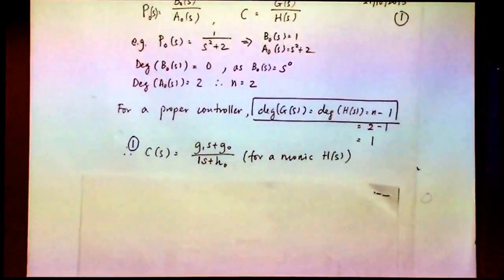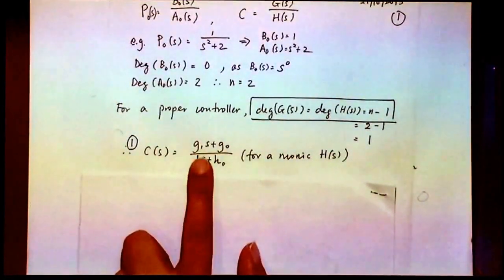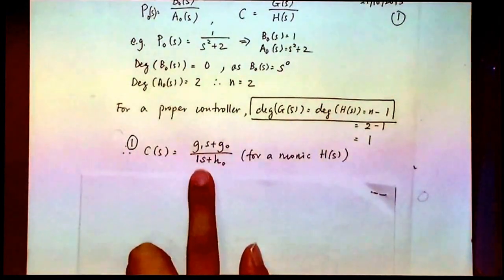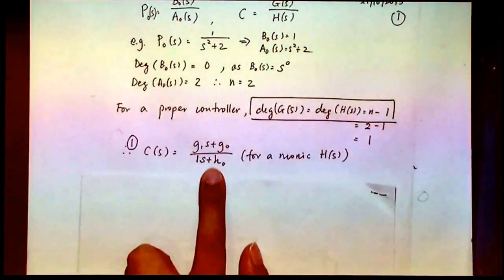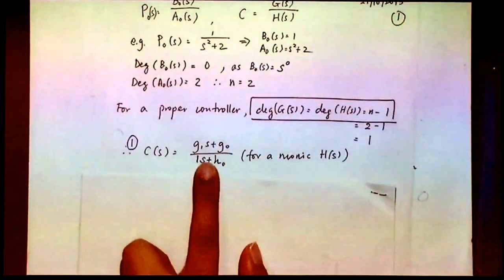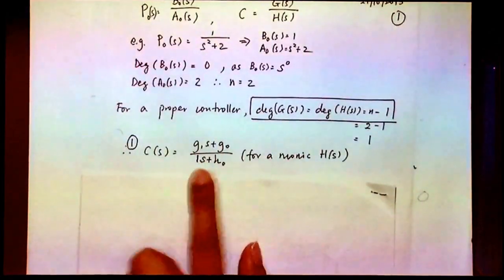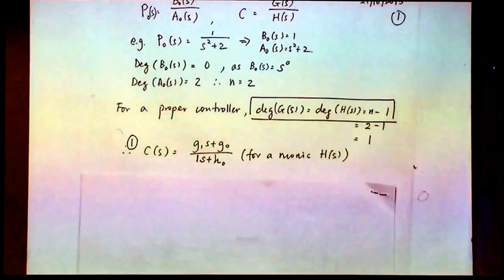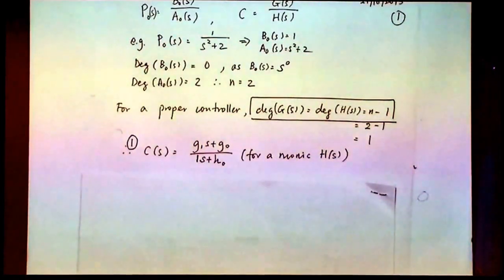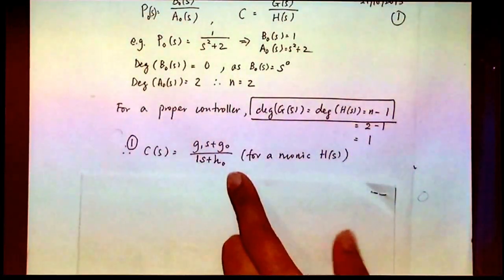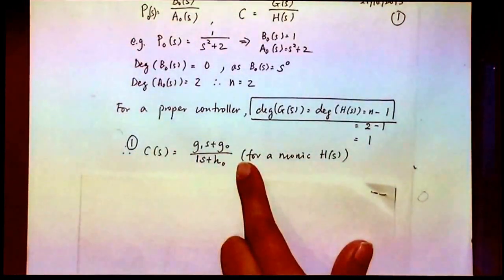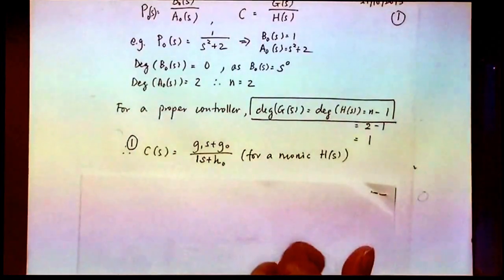We say that C(s) is (G1 s plus G0) over (s plus H0). Observe that the denominator does not have H1, because we want H(s) to be monic, meaning the highest order coefficient is 1. But do you agree that this has a degree of 1? Yes, because the highest order is s.